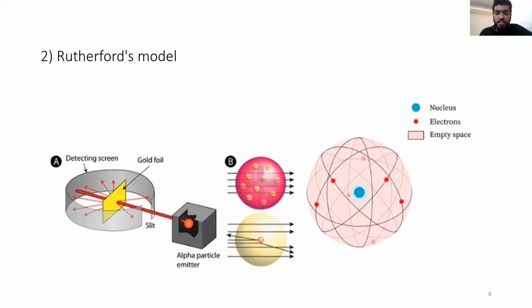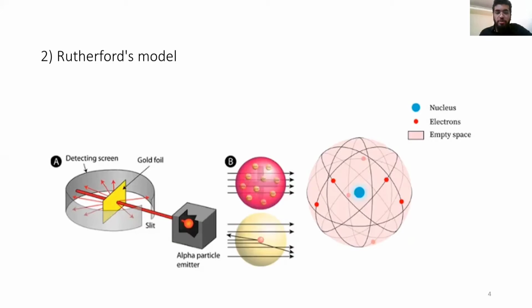And with all these conclusions, he proposed his model of atom: the positively charged center of the atom is called the nucleus, and nearly all the mass of the atom is located in this nucleus. Electrons revolve around the nucleus in circular paths, and the size of the nucleus is very small compared to the size of the atom.